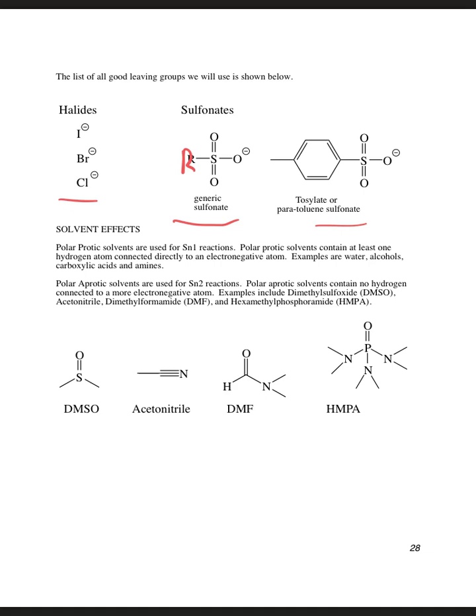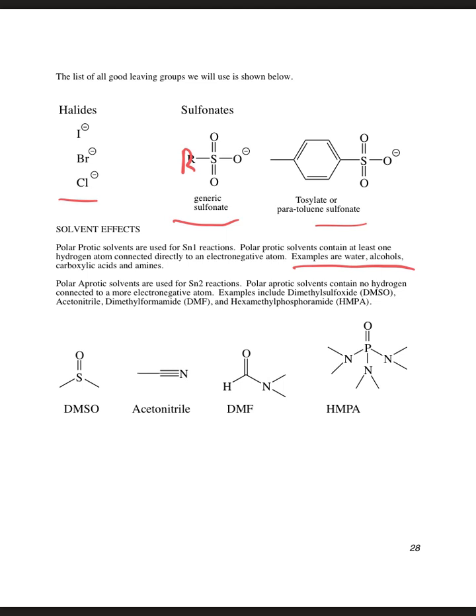Okay, polar protic solvents favor SN1. Examples of polar protic are water, alcohols, acids, amines, things that are polar, which you know what that means: it's got a bond between a more electronegative atom and a hydrogen. The protic has a hydrogen that's bonded to that more electronegative atom.